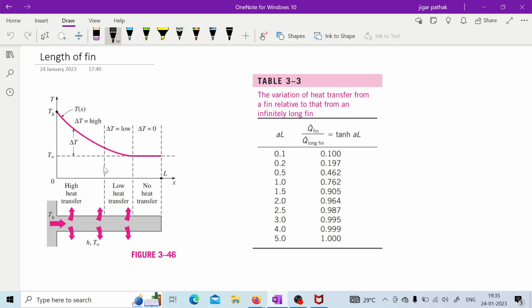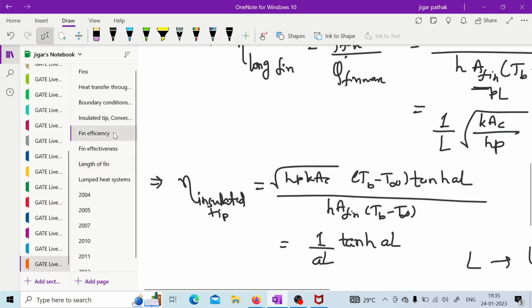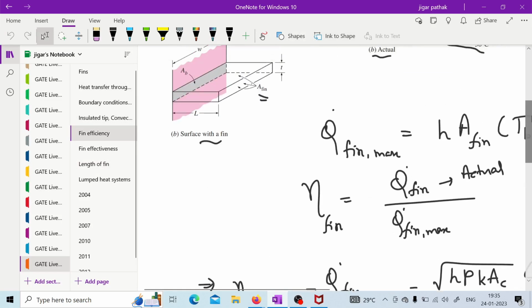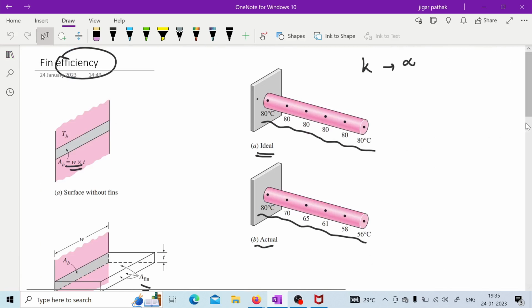Why? Because at a certain length of the fin the temperature already reaches the temperature of the ambience. As we have seen in the efficiency slide, we showed the ideal case and actual case, where the temperature decreases across the length of the fin.